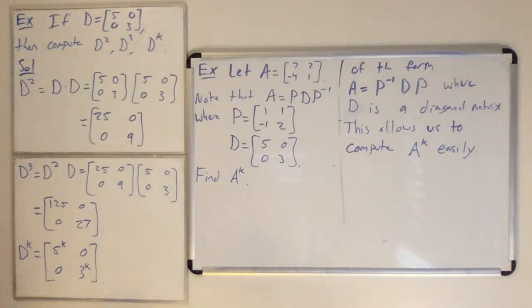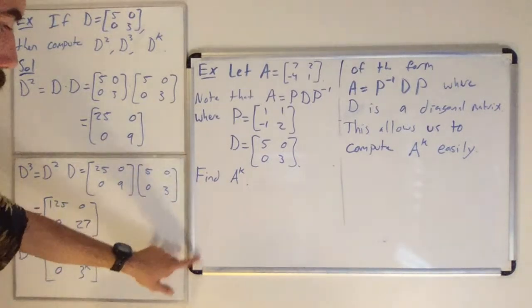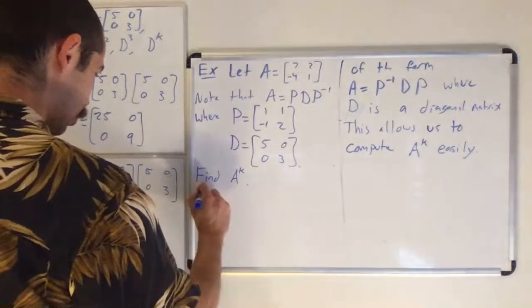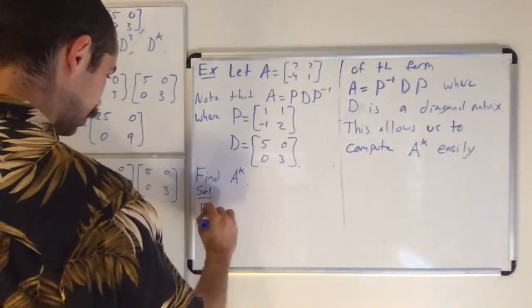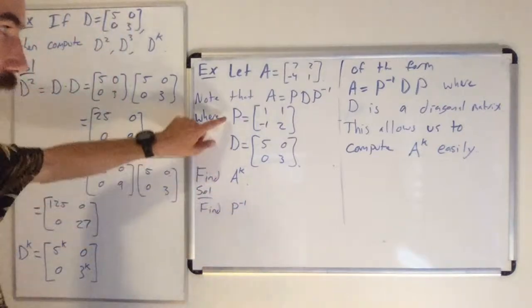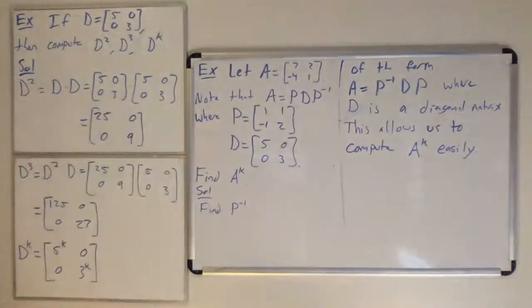Okay, and we're not going to work out this whole question now because it's going to take us a few minutes. But I'll tell you what steps you should do, and you could try this weekend and we could talk about it on Tuesday. The first thing we should do is find P inverse, so find the inverse of this 2 by 2 matrix.